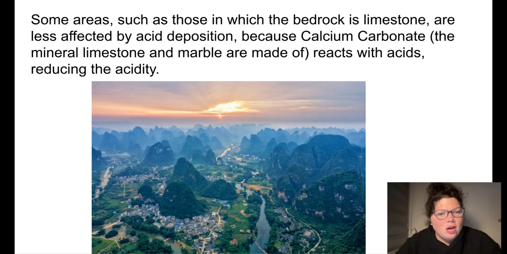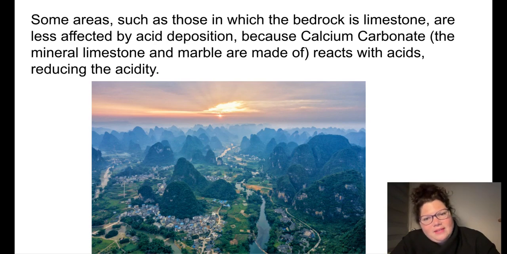That calcium carbonate is reacting with the acids, reducing the acidity going into the waters. This is a beautiful part of southeastern China, and these are all limestone rocks. Unfortunately, in Korea, we don't have limestone rocks. We have a lot more granite. And therefore, we have a lot more issues with acid rain than they do down in this part of China.